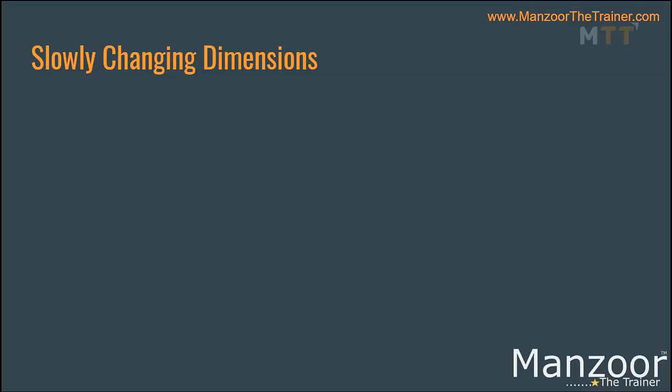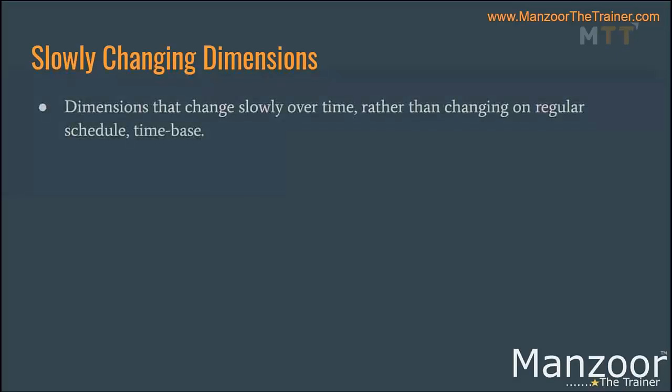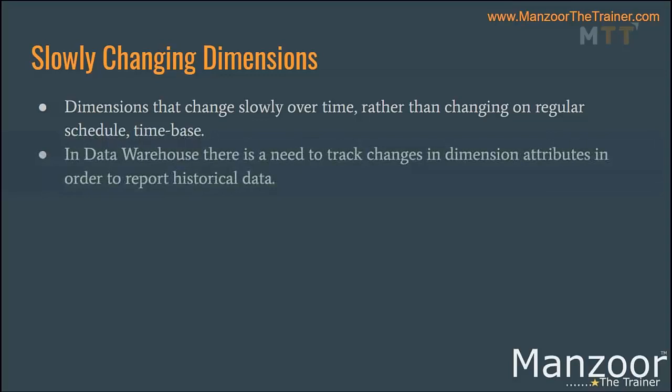Let us understand the salary scenario, which is very easy to understand. These fields are normally called dimensions in terms of data warehousing. Dimensions that change slowly over time, rather than changing on a regular schedule or time basis. In a data warehouse, there is a need to track changes in dimension attributes in order to report historical data.